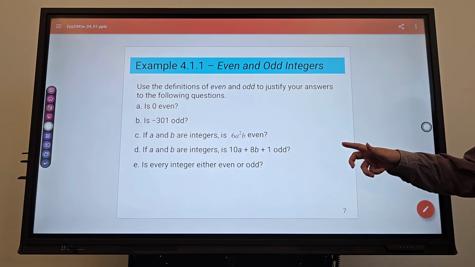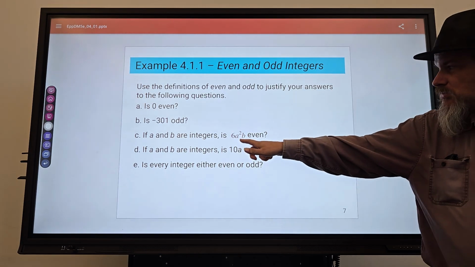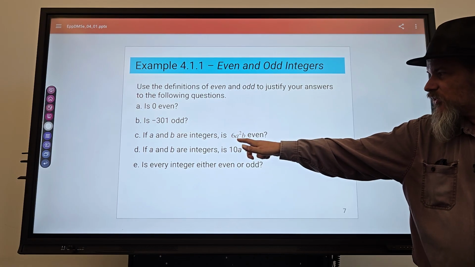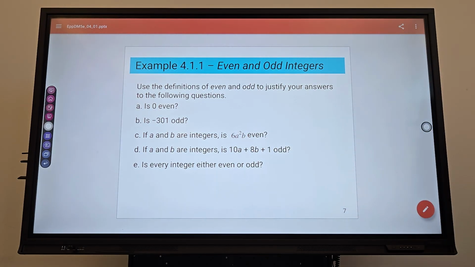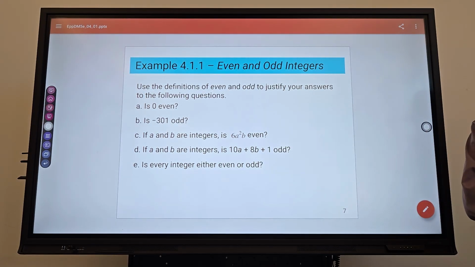If a and b are integers, and integers are closed on multiplication, 6a squared b equals 2 times 3a squared b. 3a squared b is an integer because integers are closed under multiplication, so you can say m equals 3a squared b. m is an integer, so 6a squared b equals 2m for some integer m, which is the definition of even.